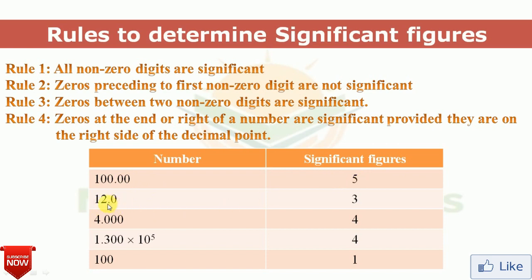In this case the zero after this decimal point is also considered a significant figure. So the total significant digits are 3, here 4, here 4, and here 1, because there is no decimal point over here. If there is a decimal point like this, it can be considered, but in this case there is only one significant figure due to the lack of a decimal point.